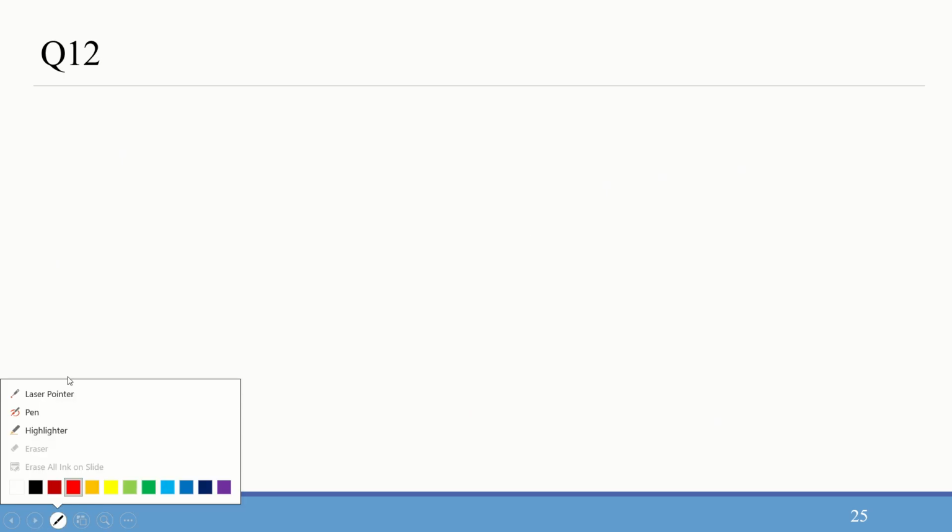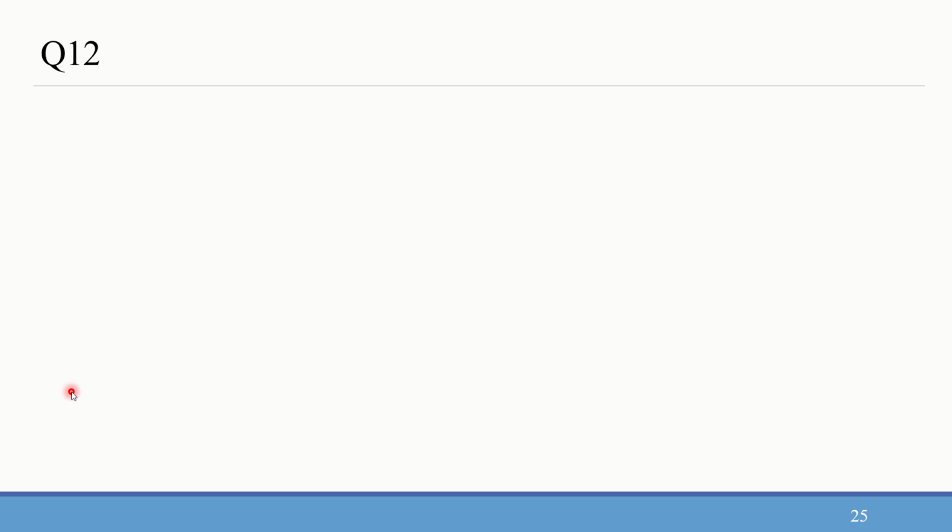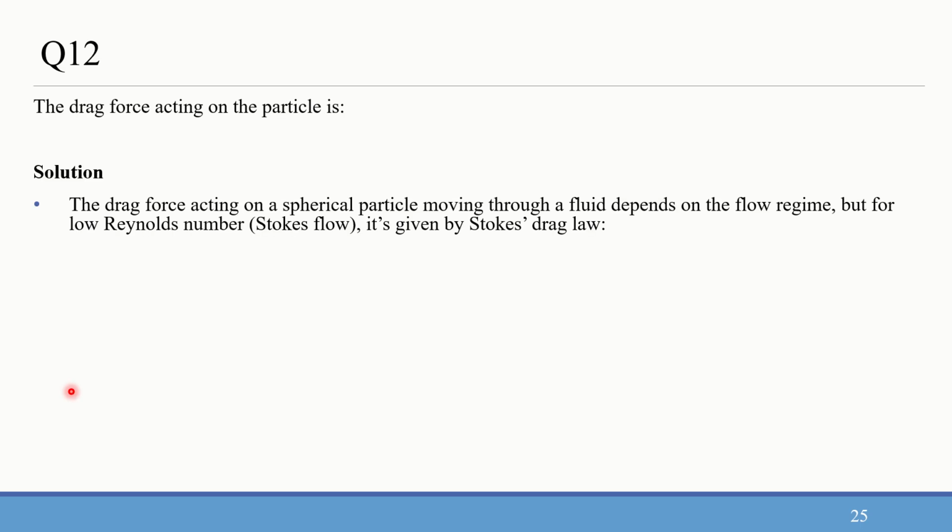Question 12 is actually a repetitive question. The drag force acting on the particle is dash. The drag force acting on a spherical particle moving through a fluid depends on the flow regime, but for low Reynolds number, it is given by Stokes drag law. Drag force is 6 pi mu rp u, and we don't have anything changed.